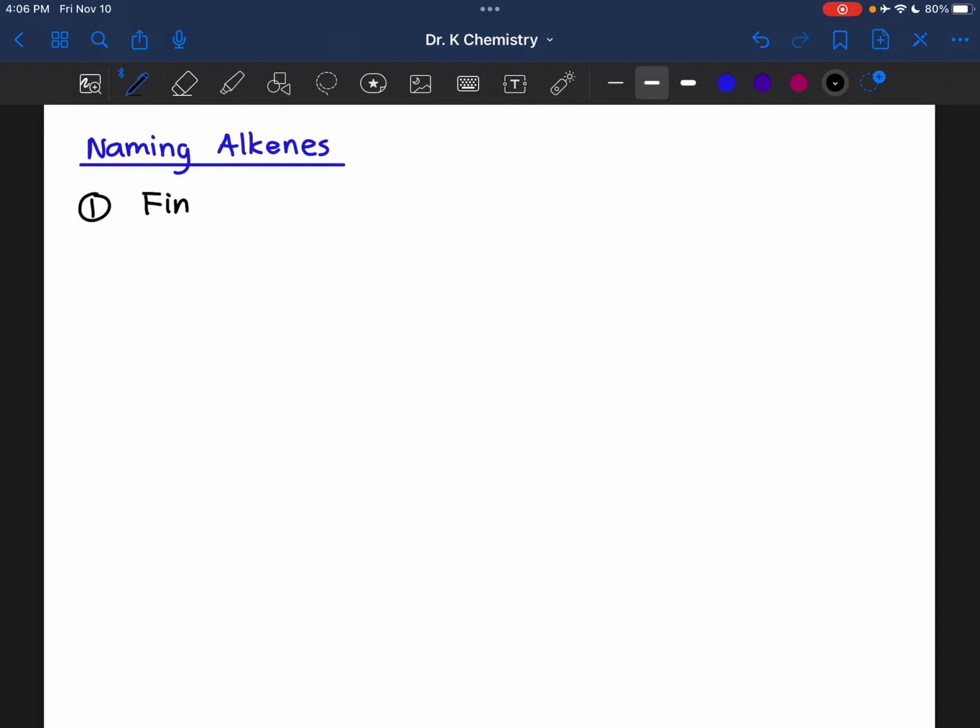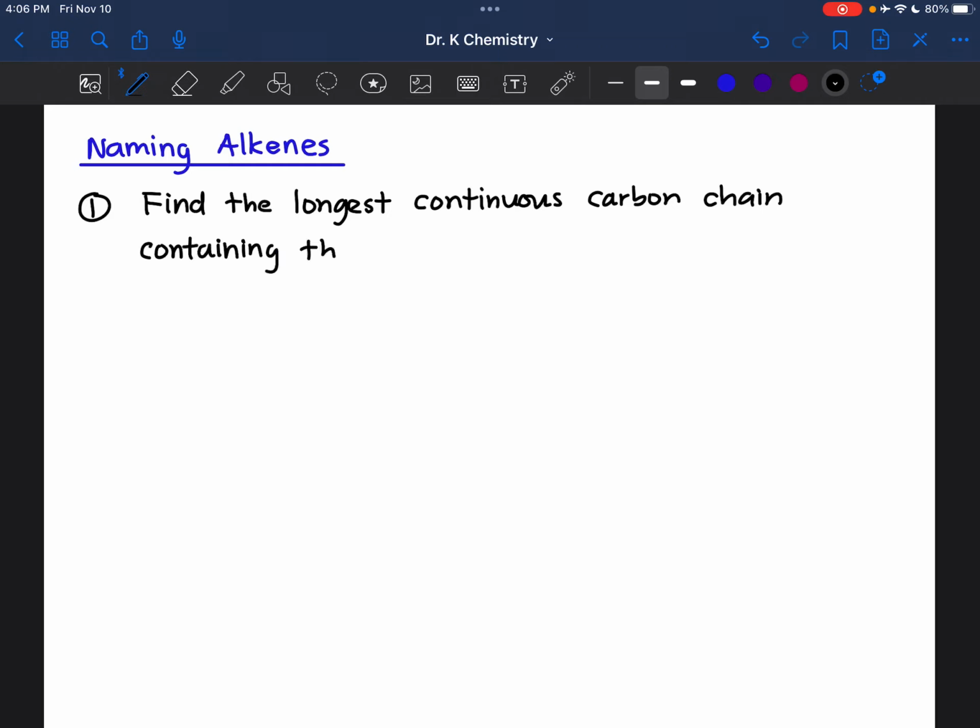So the first thing we're going to do, as usual, is we will find the longest continuous carbon chain. But we have to make sure that that longest continuous carbon chain contains the carbon-carbon double bond, or carbon-carbon triple bond if we are looking at an alkyne.